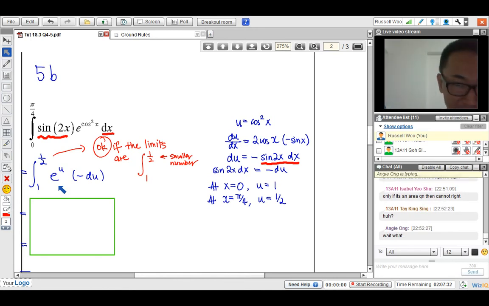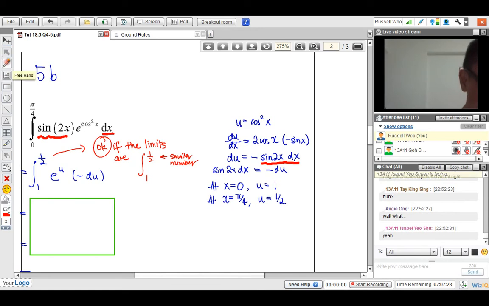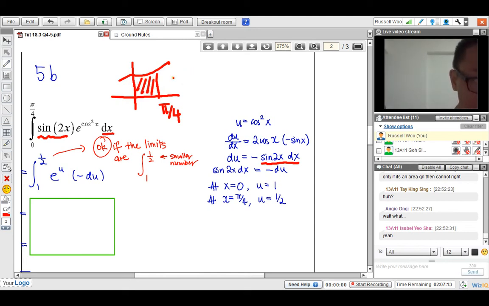Okay, what I'm saying is this. Isabel's question is, what if it is an area question? You want to find area between 0 and pi over 4. Okay, this graph.